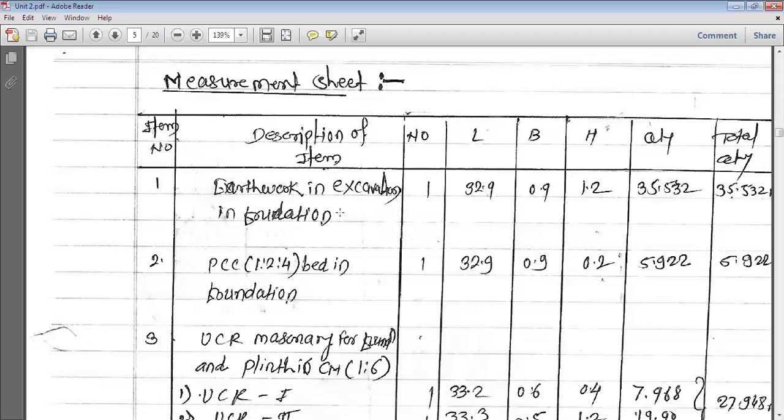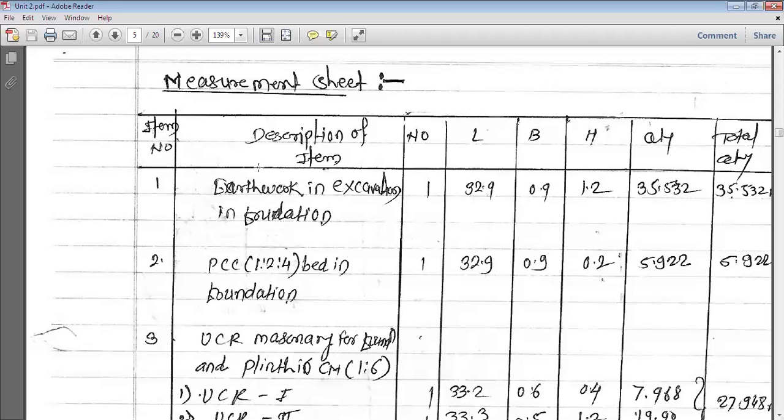Now at this particular level, in the initial half, no one is expecting that you should write the full description for that particular activity. In your university examination problem also, they are not expecting that you write the full description.